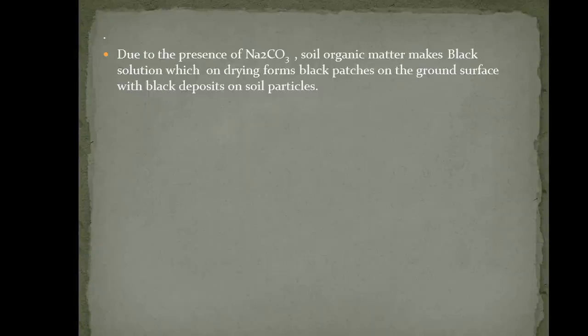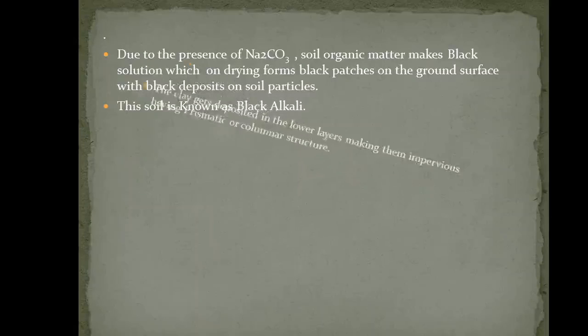Due to the presence of Na2CO3, soil organic matter makes a black solution which on spraying forms black patches on the ground surface, with black deposits on the soil particles. This soil is known as black alkali.